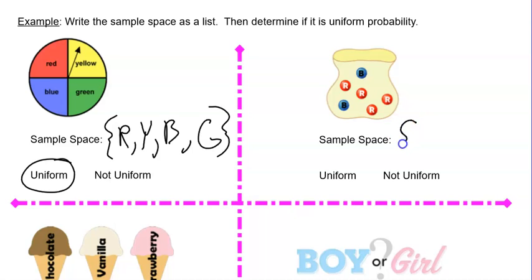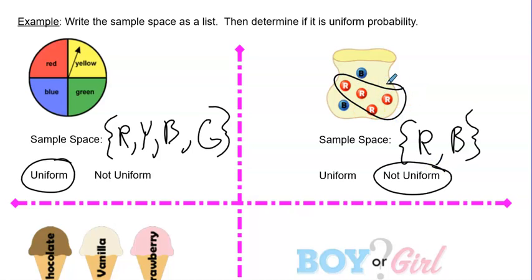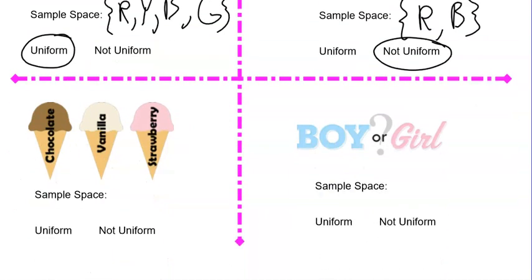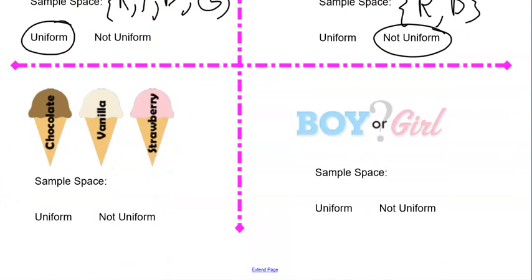All right, how about this bag? What's in there? Well, there's red marbles and blue marbles. It's a horrible brace. Kind of backwards. Now, it's not uniform because there's 4 red, but only 2 blue. Sample space is chocolate, vanilla, and strawberry.